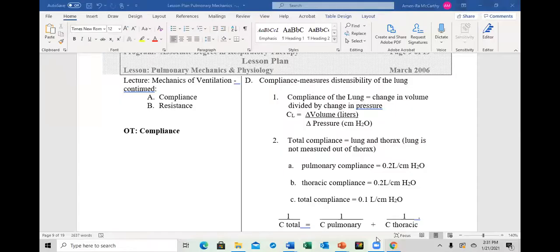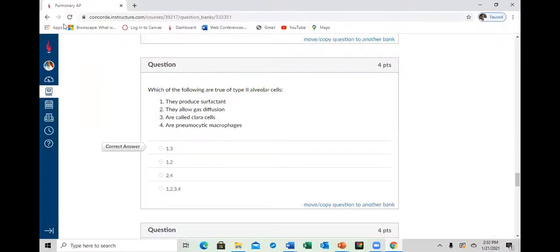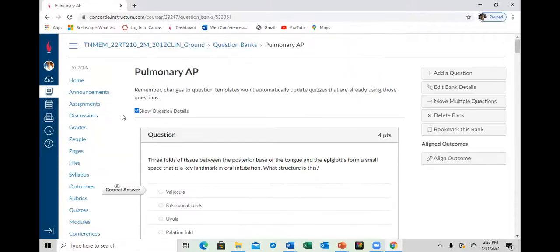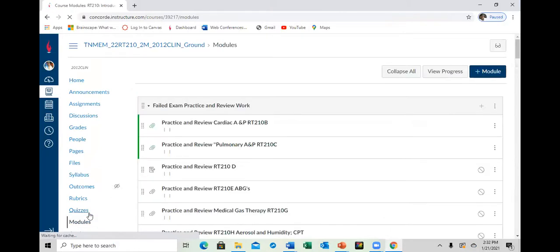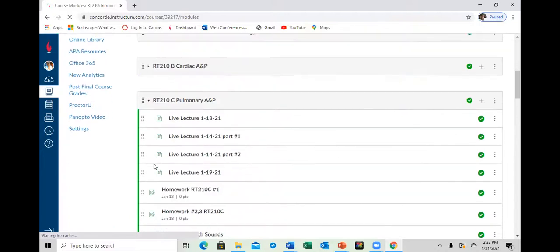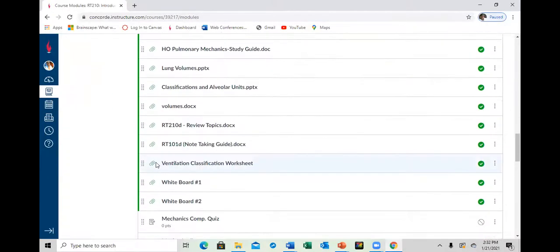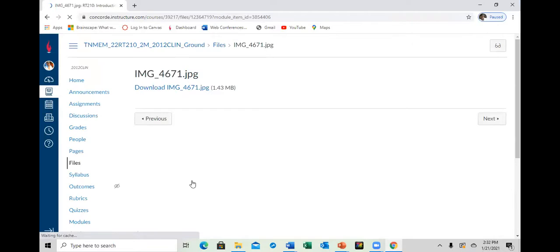You'll be able to go back and look at them. I'm showing you the white page right quick. See how it says whiteboard 1, whiteboard 2?